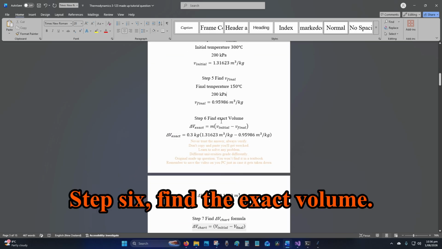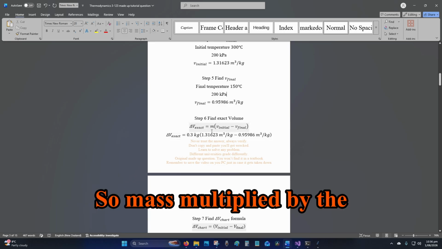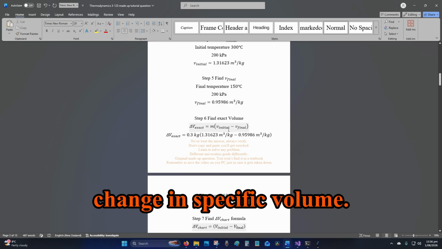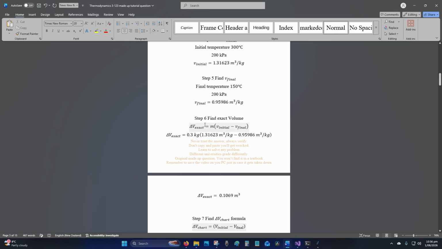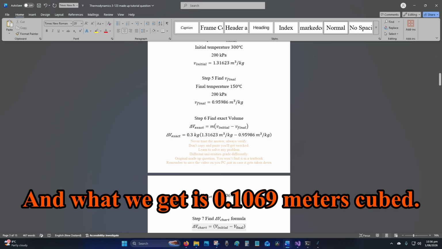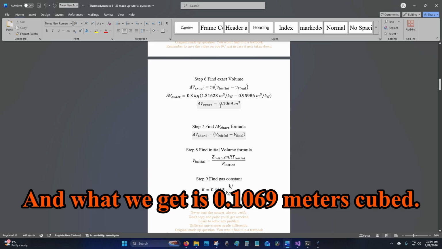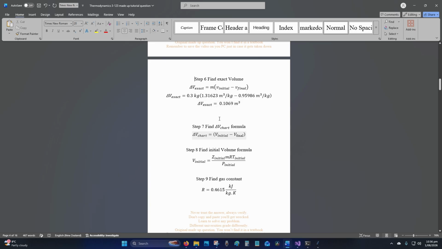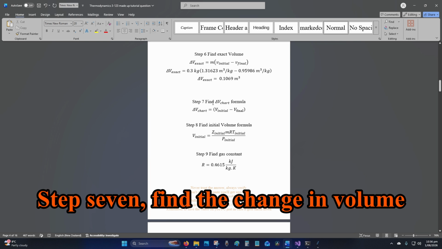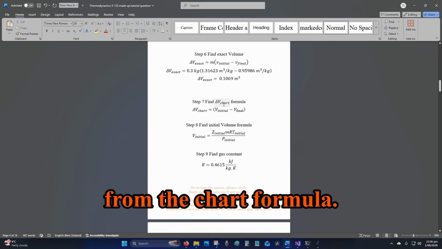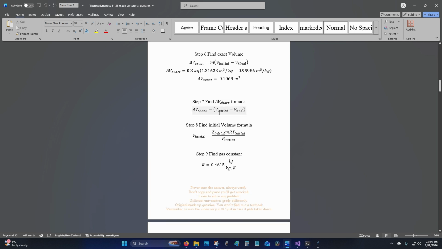Step 6, find the exact volume. So mass multiplied by the change in specific volume, and what we get is 0.1069 meters cubed. Step 7, find the change in volume from the chart formula.